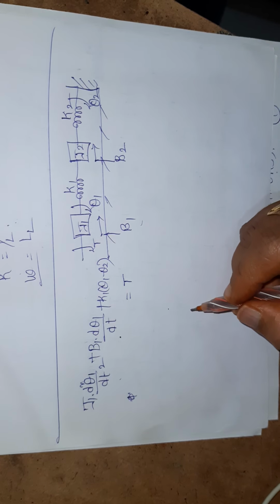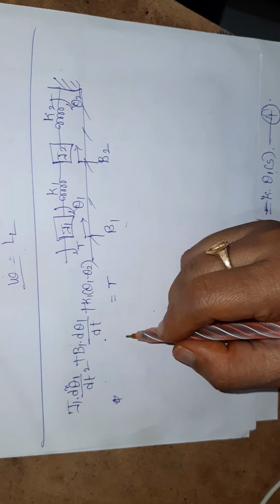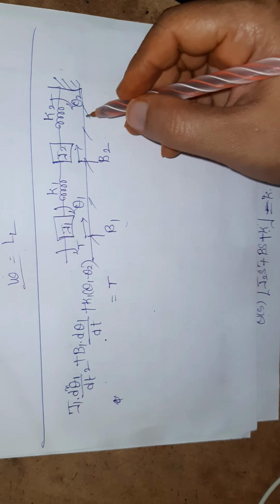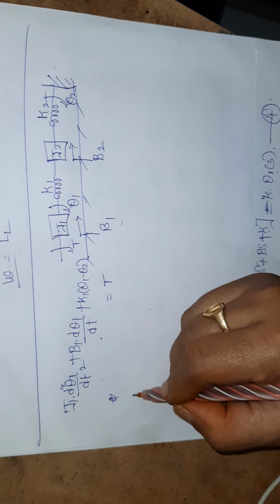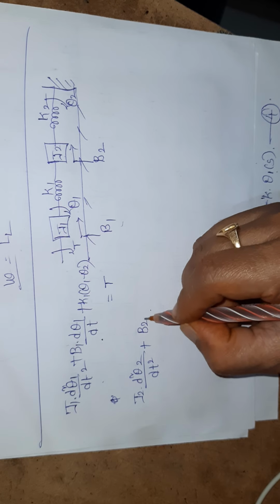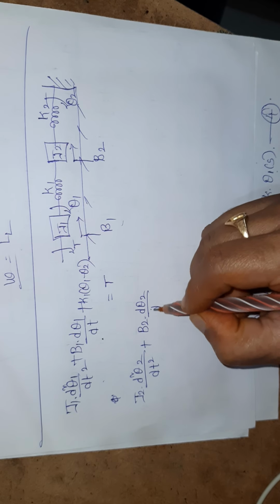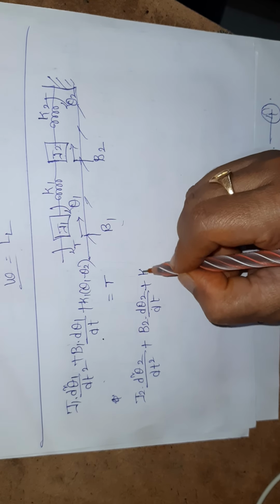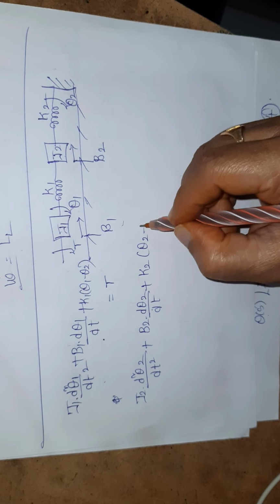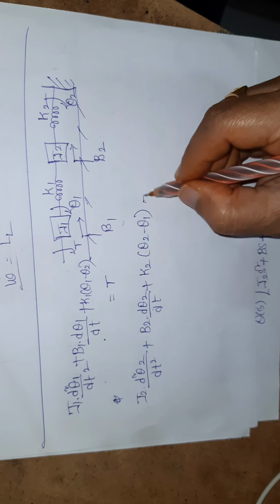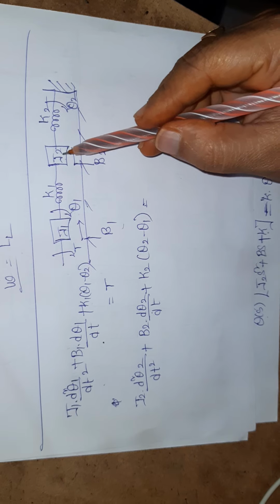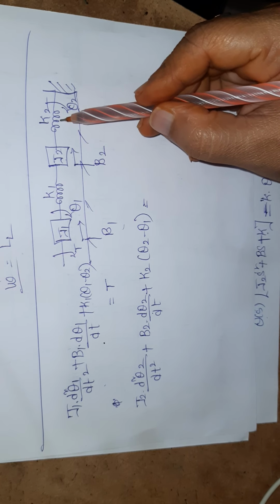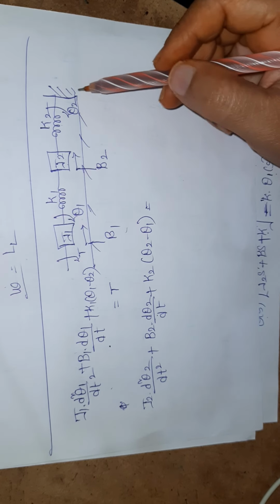Okay. Next, for J2 into d square theta 2 by dt square plus B2 into d theta 2 by dt plus K2 into theta 2 minus theta 1 equal to, we are having 1, 2, 3 elements one side and there is no torque applied.